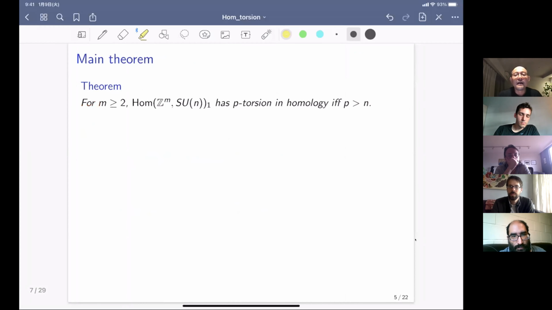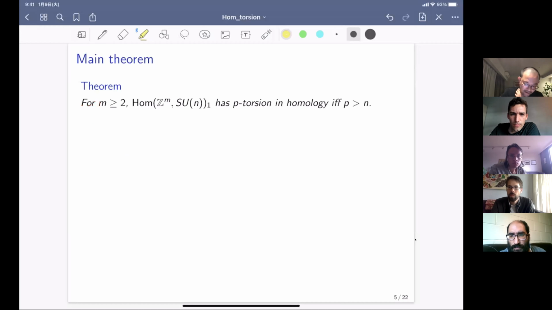And here is my result. For m greater than or equal to 2, Hom(Z^m, SU(n))_1 has p-torsion in homology if and only if p is less than or equal to n. So you know the Weyl group of SU(n) is the symmetric group on n letters.